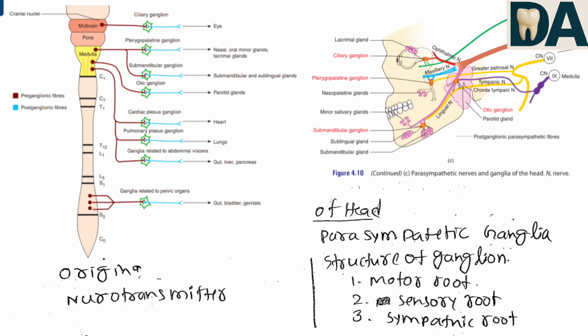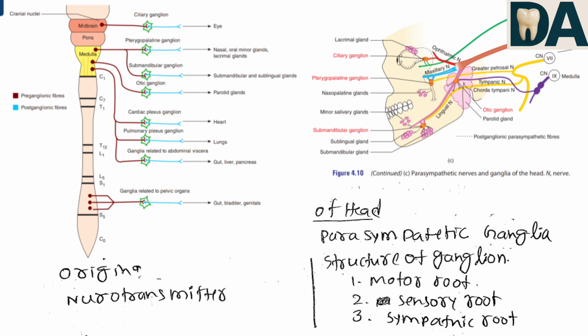Parasympathetic ganglia. Parasympathetic ganglia are the autonomic ganglia of the parasympathetic nervous system. They lie close to or within the organs they innervate and hence are called intramural ganglia.